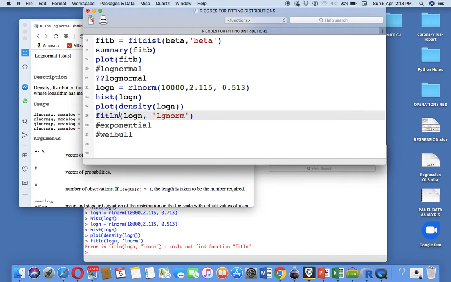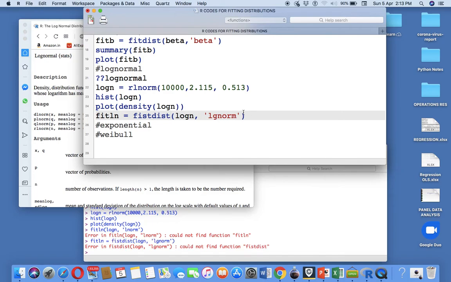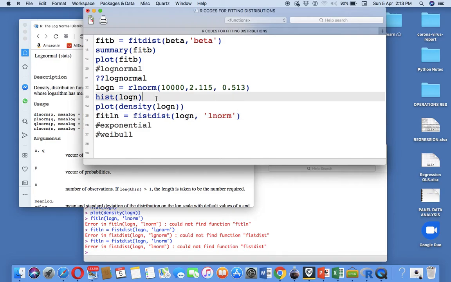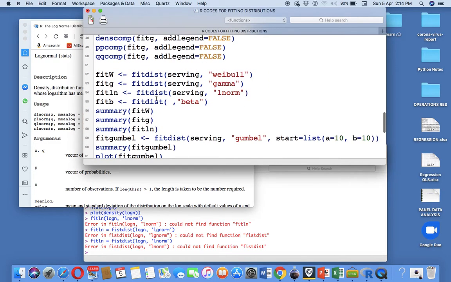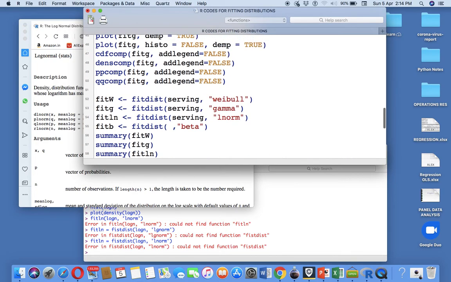Sorry, that's the name of the file. So I should say fitdist, the name of the variable, lognorm, hopefully that name is correct. LNORM.